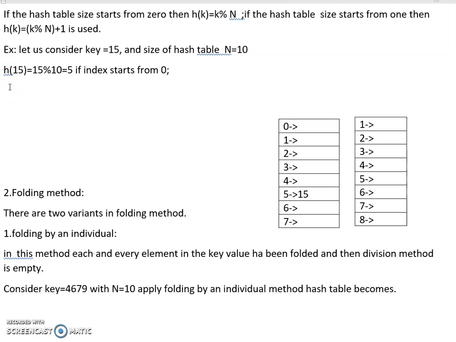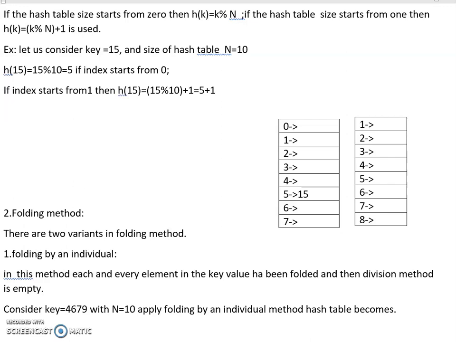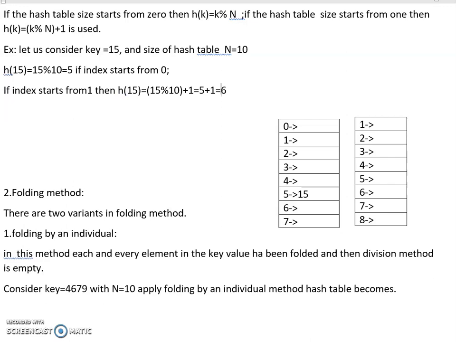Next, if index starts from 1, then h of k, that means h of 15 is equal to k modulus n plus 1, that means 15 modulus 10 plus 1, which is equal to 5 plus 1 equal to 6.